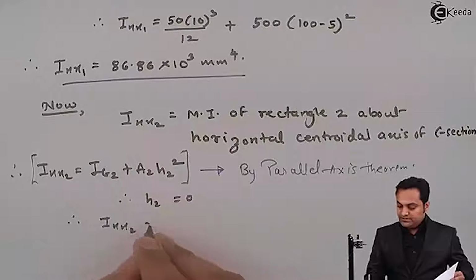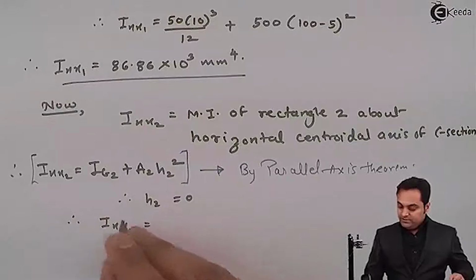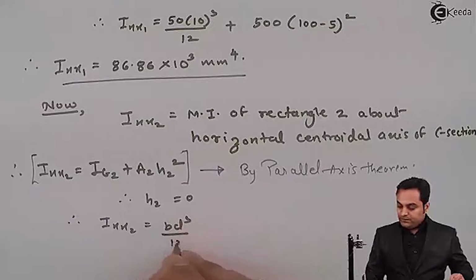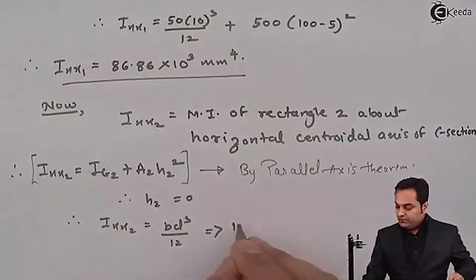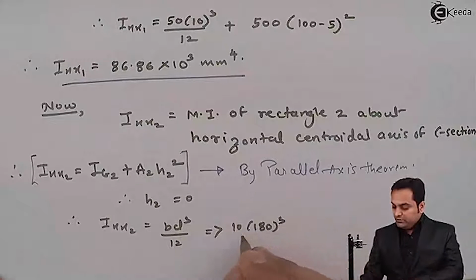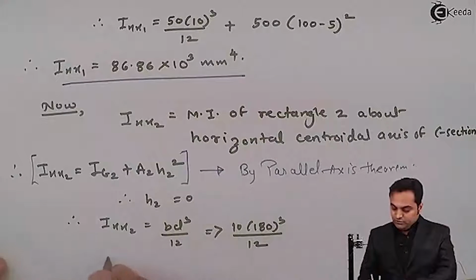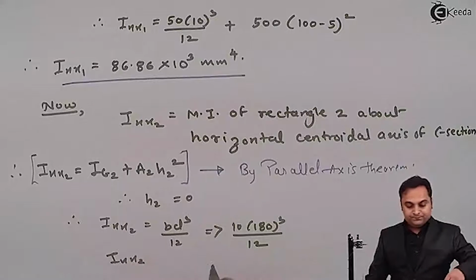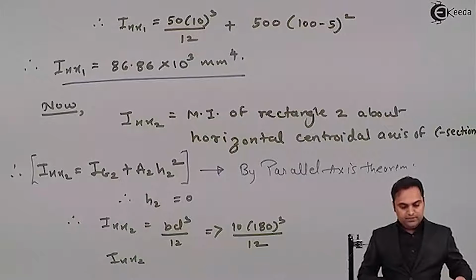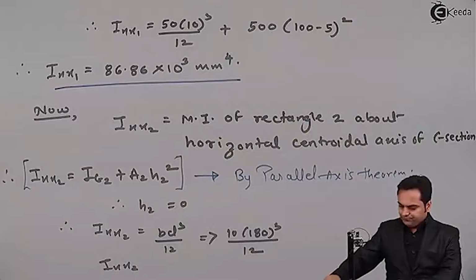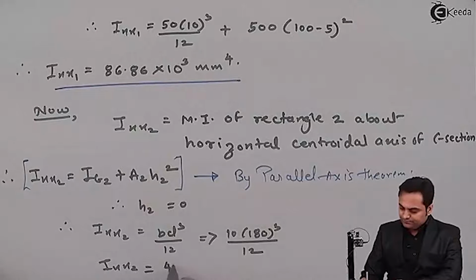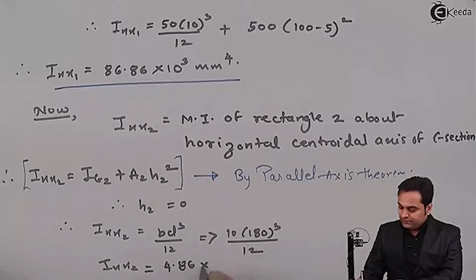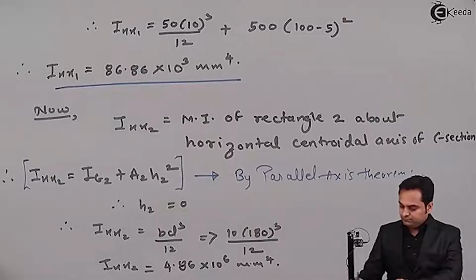So Ixx2 is just Ig2, which is BD cube by 12, and here B is 10 and D is 180, so 10 into 180 cube divided by 12. The answer is 4.86 into 10 raised to 6 mm raised to 4.